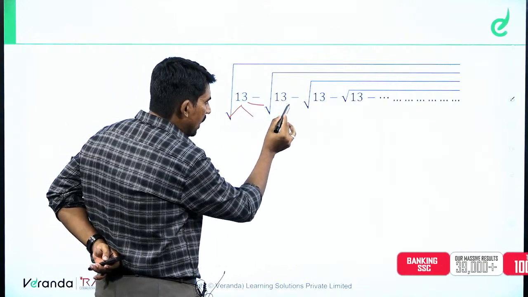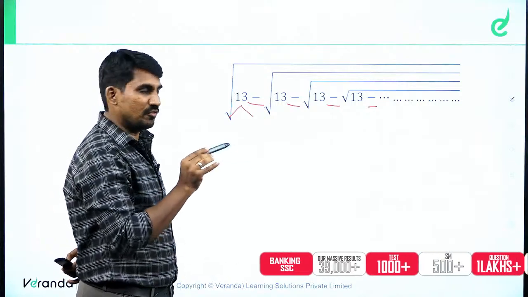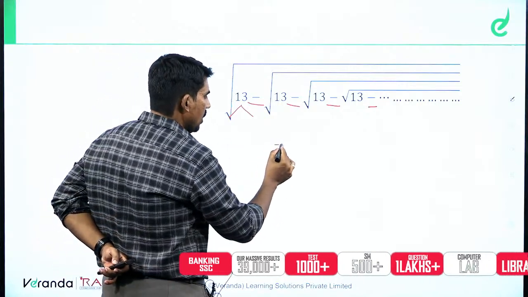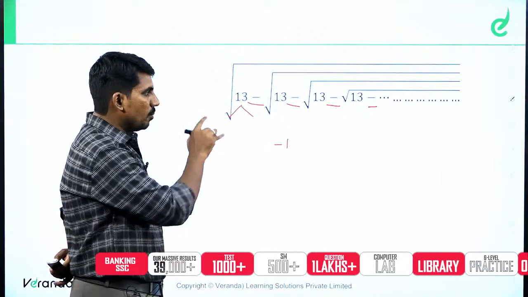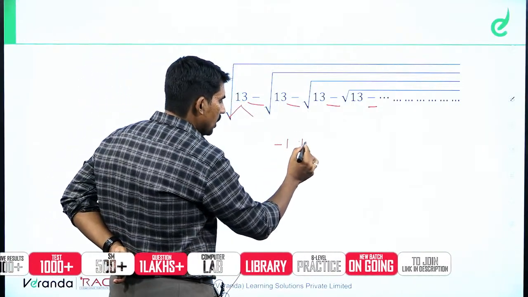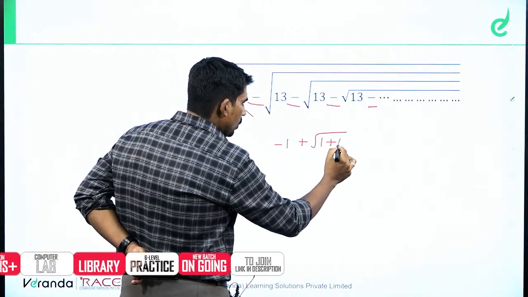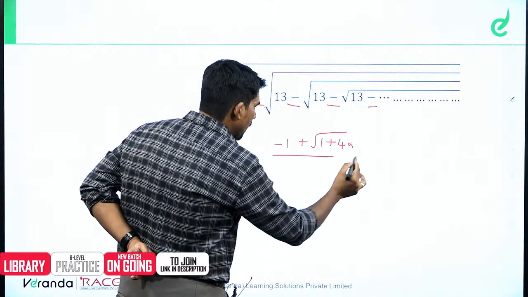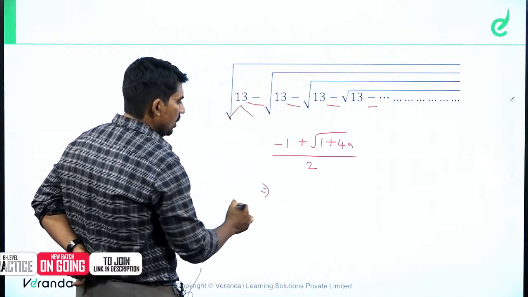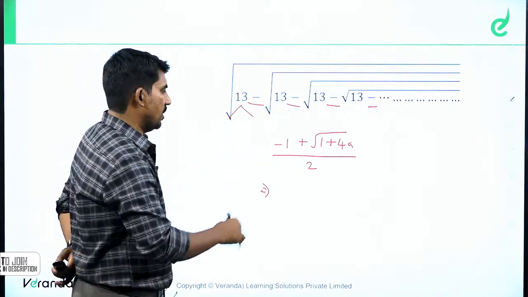Because of this minus, you put minus 1, everything else no change. Minus 1 plus root of 1 plus 4a, divided by 2.